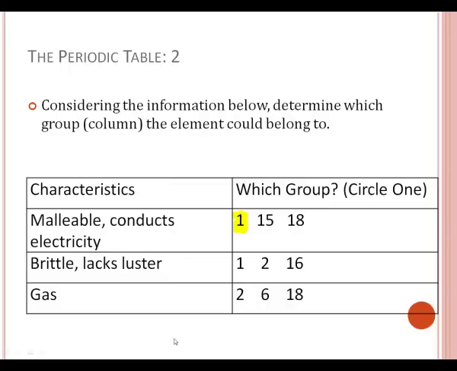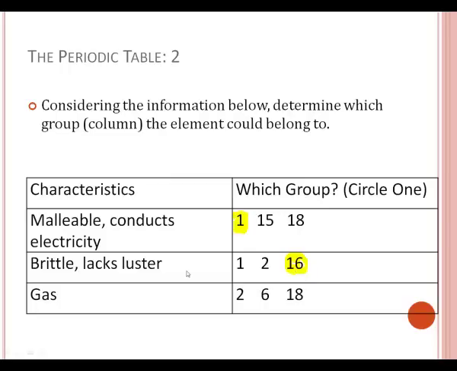And again, magnesium, calcium, strontium, these are all metals as well. Metals are malleable and they are shiny, which is the opposite of brittle and lacking luster. So by process of elimination, that leaves us with 16. But again, in column 16, I've got selenium, I've got sulfur. That was what we crushed in our lab, the yellow substance that we hit with the hammer and it broke apart.